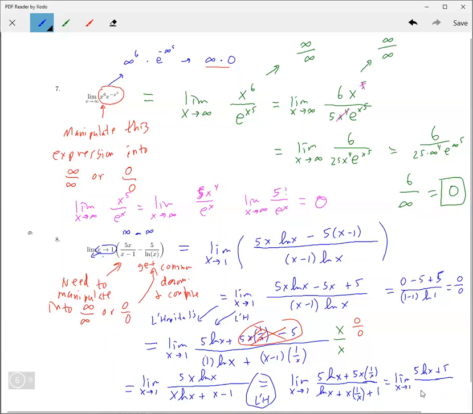And then down here we have log x plus, and this is 1, and that's 1, so plus 2. Okay, and so then this and this are both going to go to 0 as x goes to 1, because log 1 is 0. And so 5/2 is going to be the answer.